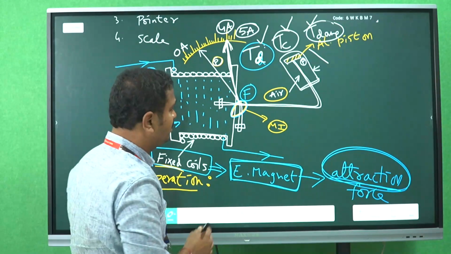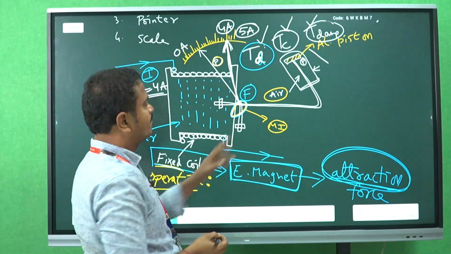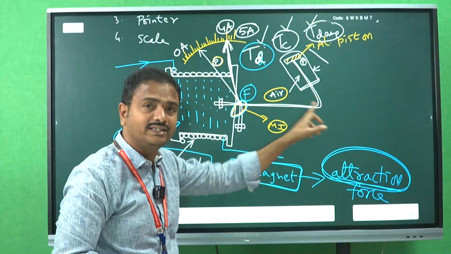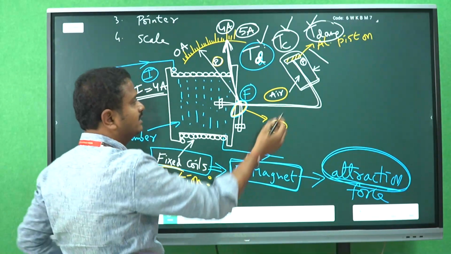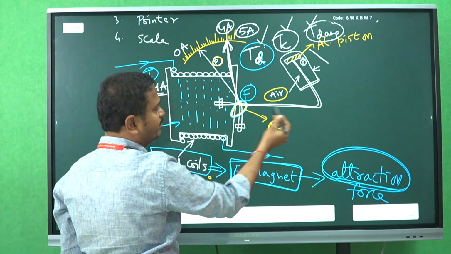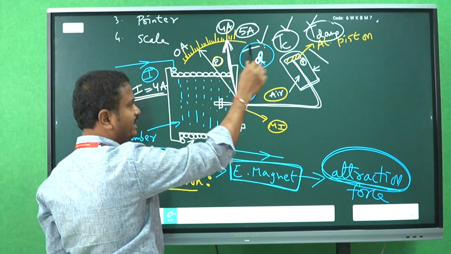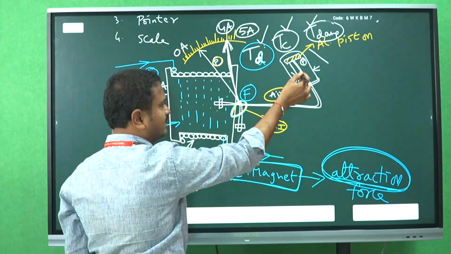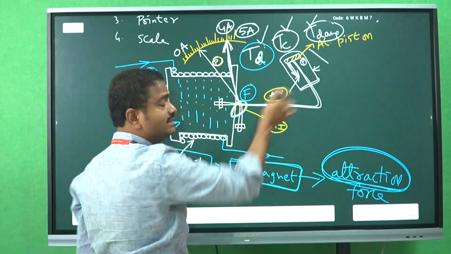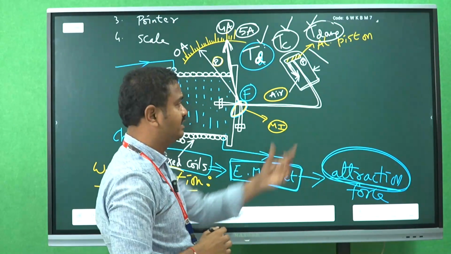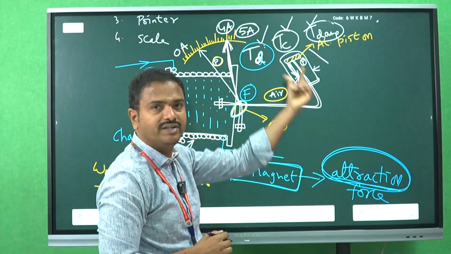Clear? So damping torque will be produced by the air friction damping. Here the aluminum piston is connected to the pointer, right? Whenever the pointer is moving on the scale, immediately the piston inside the closed chamber or closed vessel will also be moving, right?